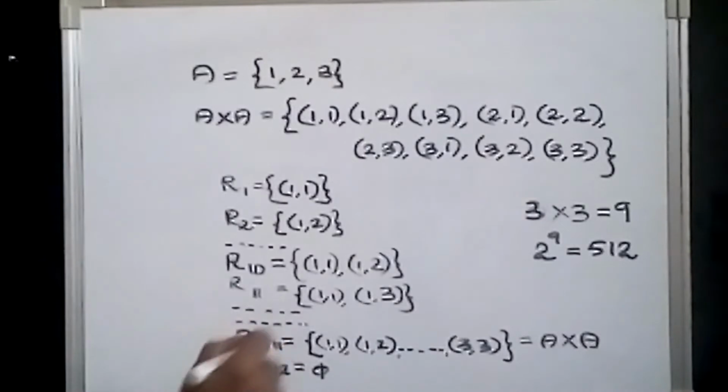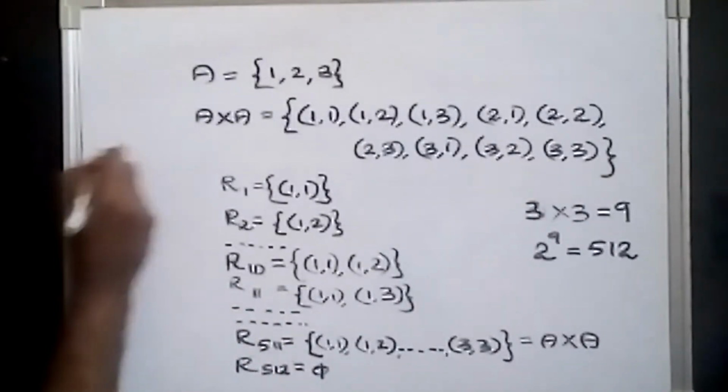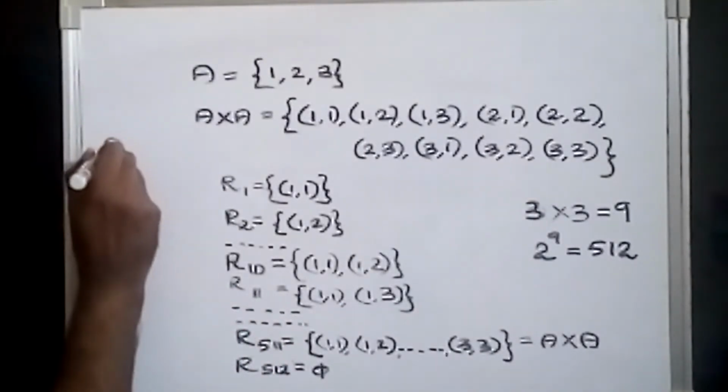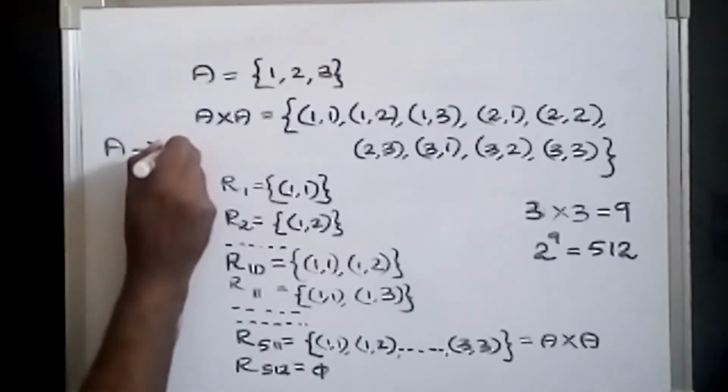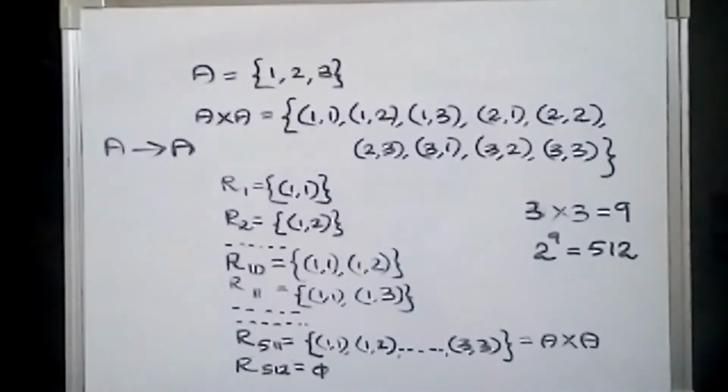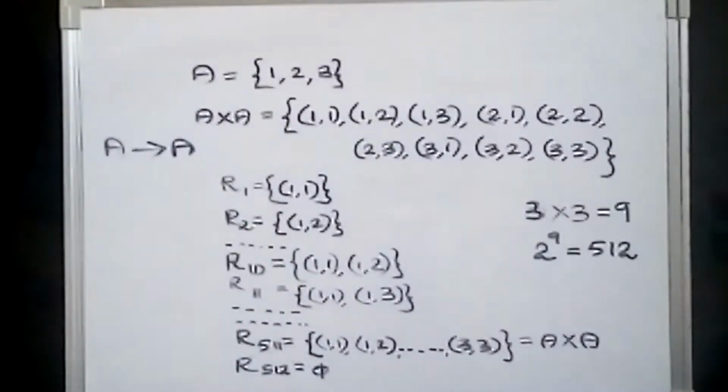A relation defined from set A to A is a relation in the set A. Or a relation in the set A is a subset of A cross A.